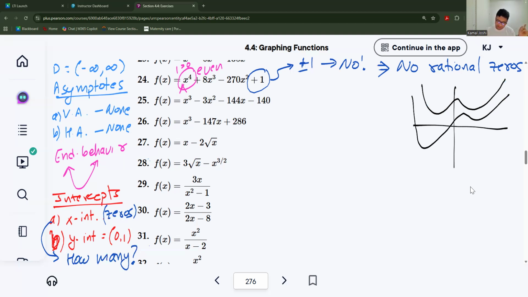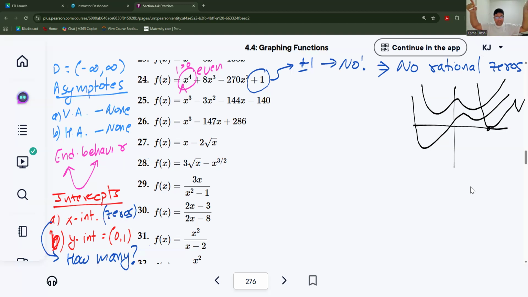Or you can have it go like that and touch here, so only 1 zero. So basically everything is possible. You may have 0, 1, 2, 3, or 4 zeros. That is the range of values for a polynomial like this.